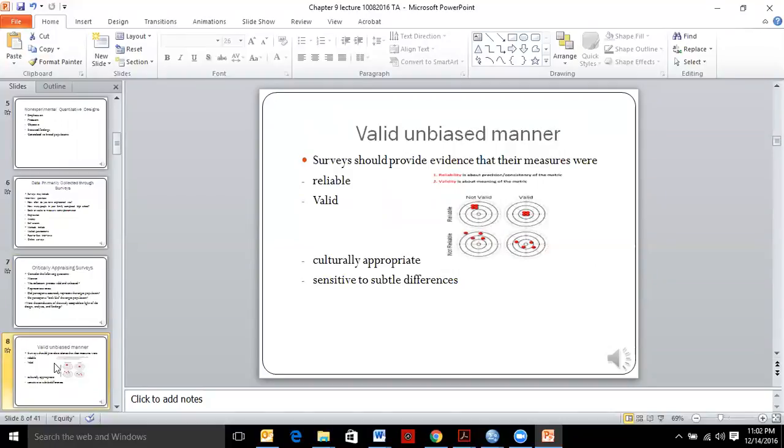The surveys we use should provide evidence that their measures were reliable and valid. When we say reliable, that's about precision and consistency. Meaning, if we use this survey over and over again, it will give us the same results.